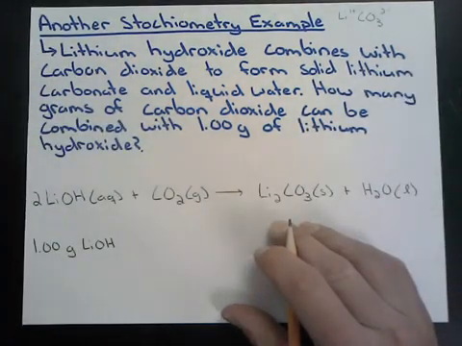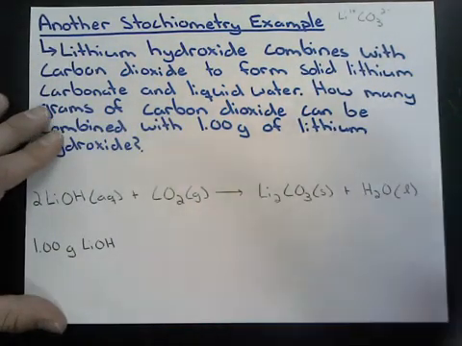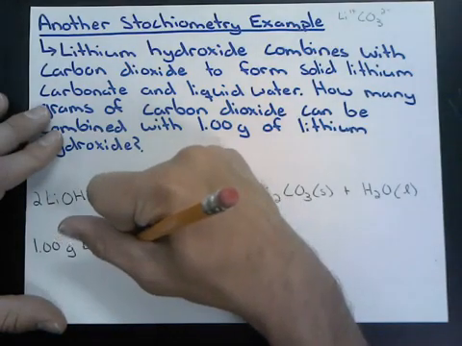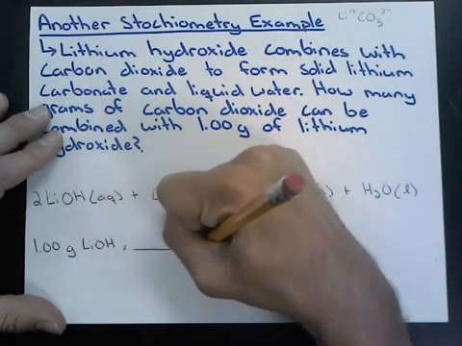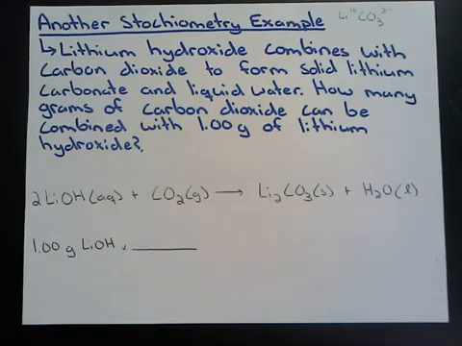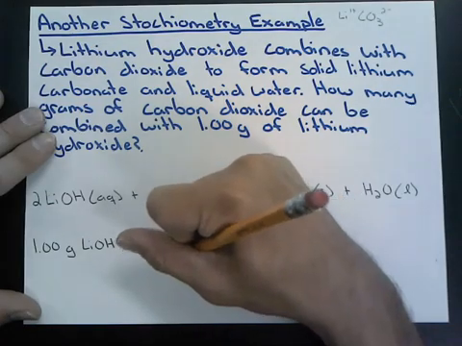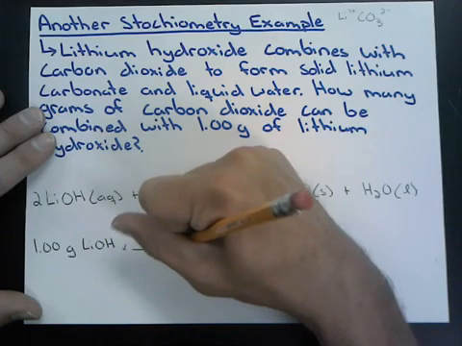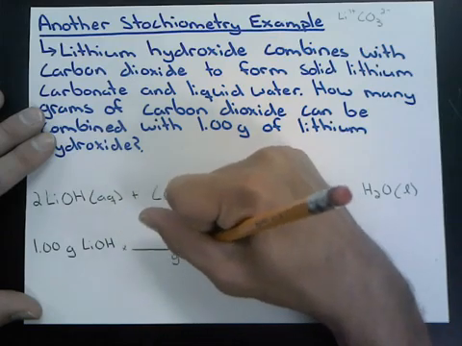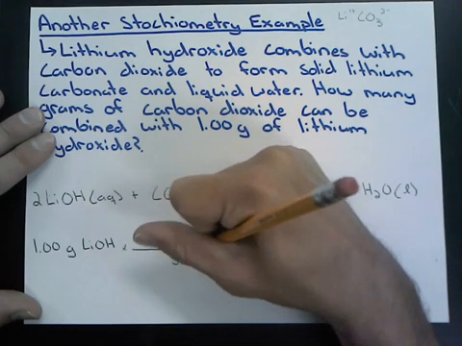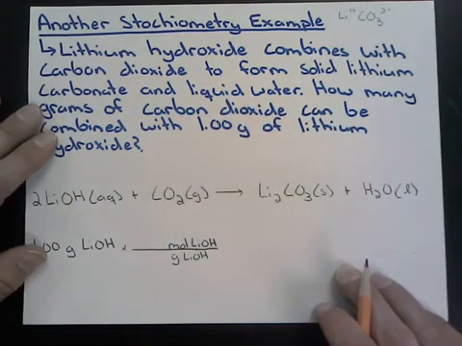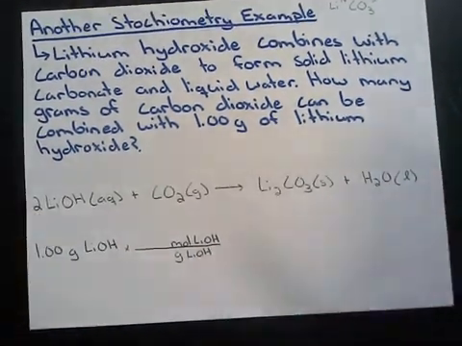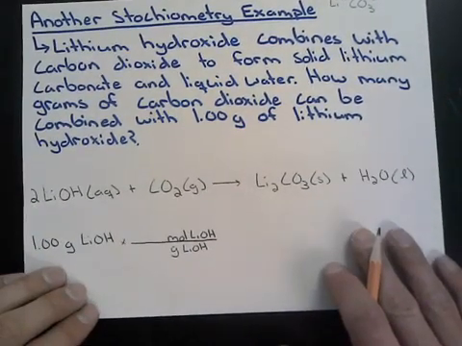Now, the only thing we can do with this is first convert to moles of lithium hydroxide. So we have to cancel out grams of lithium hydroxide on bottom, and we have to go to moles first, because unless we're in moles, we can't utilize our chemical equation here.